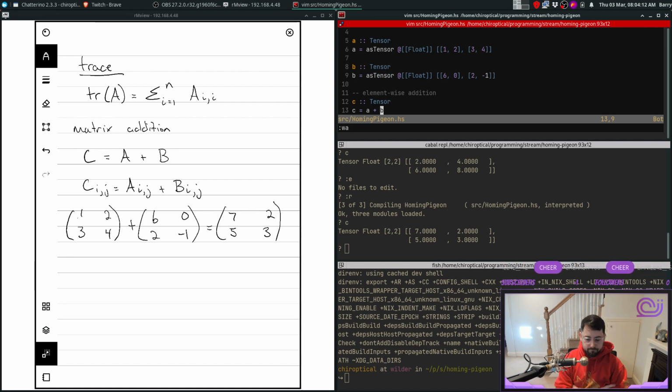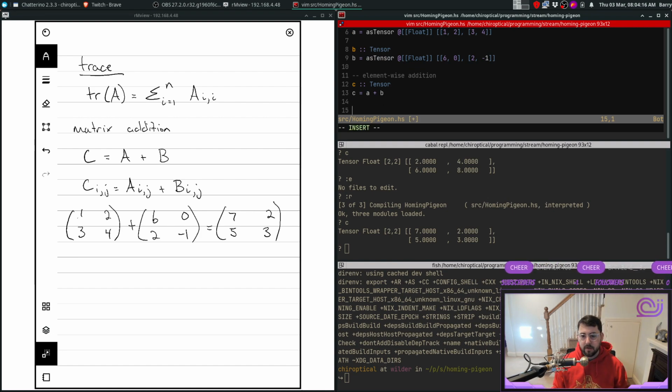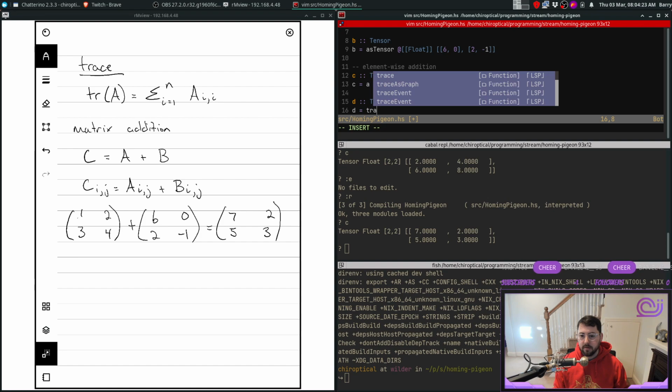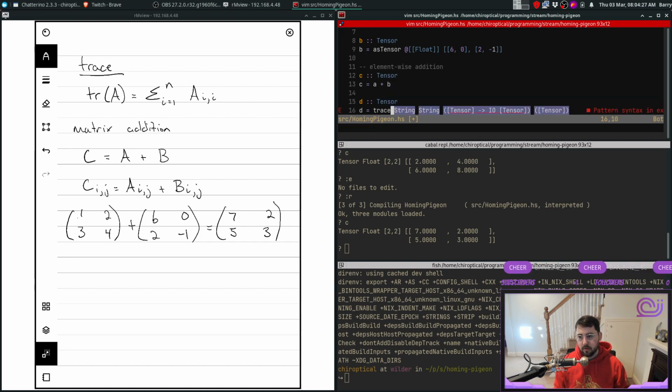Okay. So I wonder if we can also take a trace real quick. So if we tensor d, is there a trace function? Looks like there's a trace function. Oh, but it takes a lot of stuff.